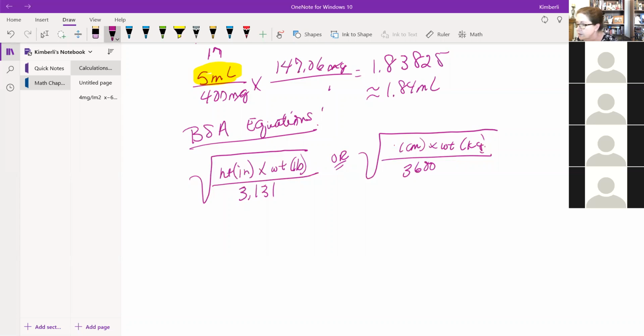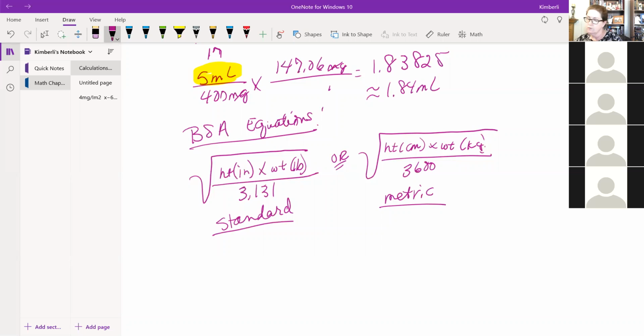I cannot write today. It's okay. So we have our standard, or the non-metric version, and then we have the metric version.